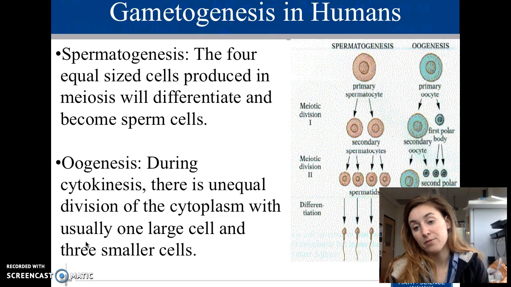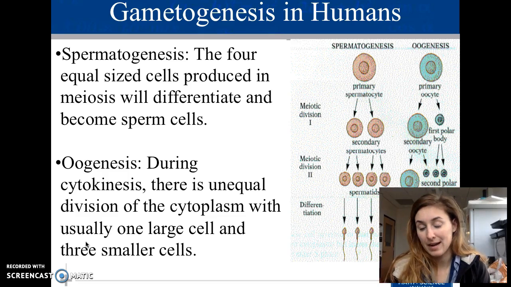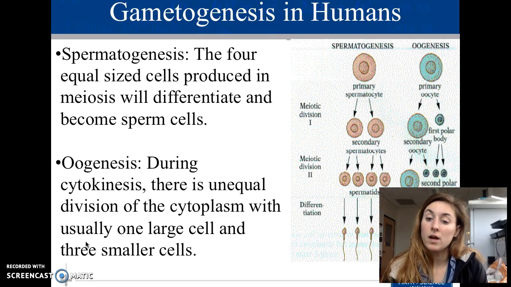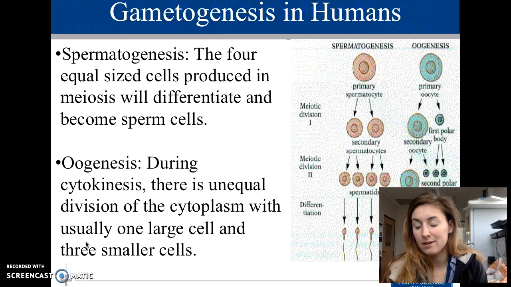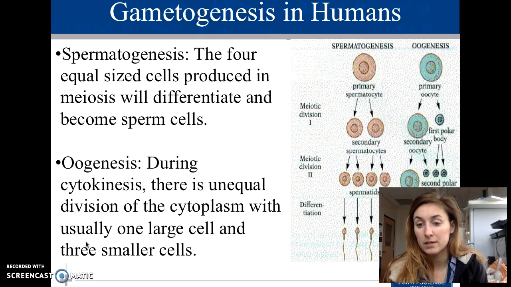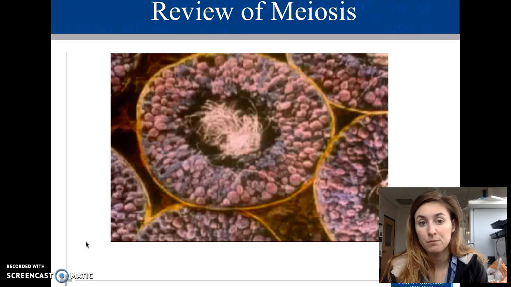And think about the fact that this all happens when I, as a female, or other females, are in infancy, right? We get all of our eggs, and that's it. We call them polar bodies, but basically from one egg, only one new egg is going to be formed, and three polar bodies, or cells that eventually die and wither away, are created, which is why women have a finite number of eggs and males can continually produce sperm.